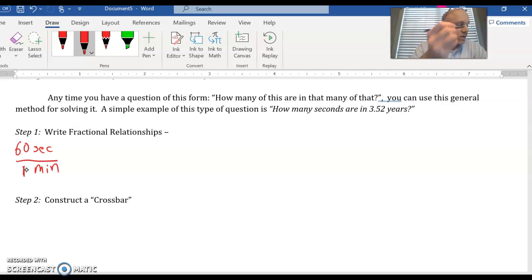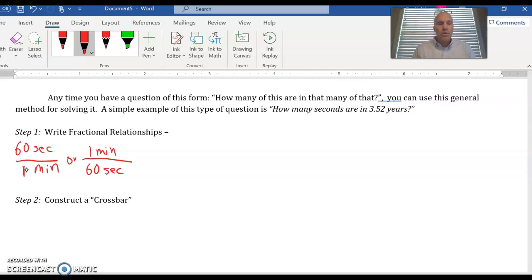Even though I wrote it this way, we could also have written this as the reciprocal. We could say that there is 1 minute per 60 seconds.